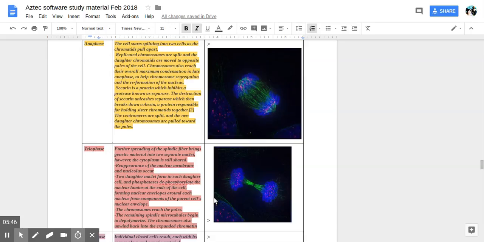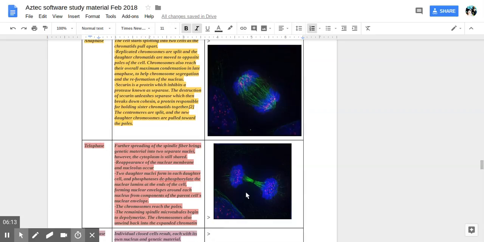So that's how the envelope reforms, by dephosphorylation. And the chromosomes reach the poles. The remaining spindle microtubules begin to depolymerize, so come apart. The chromosomes also unwind back into their uncondensed or expanded chromatin in their new nuclei.